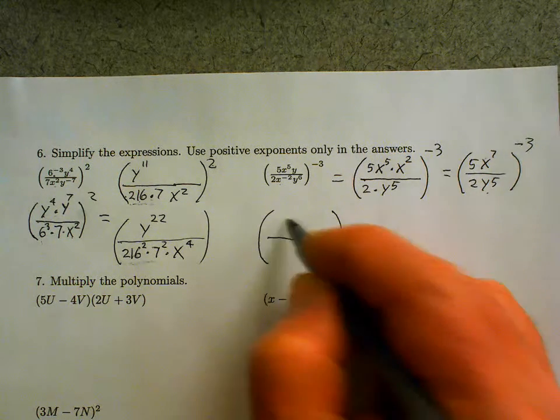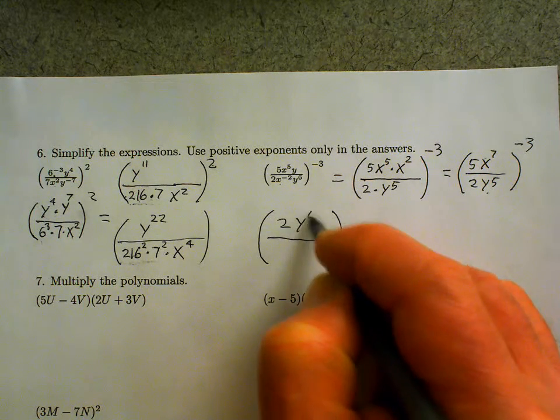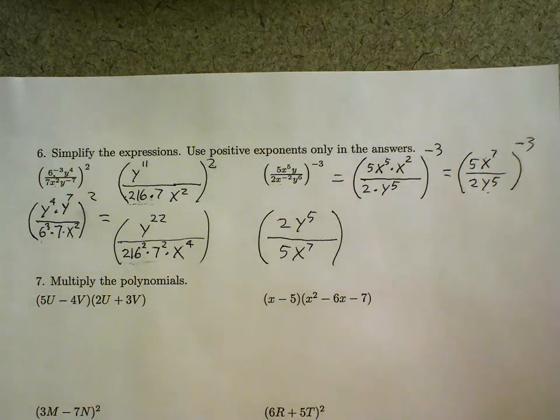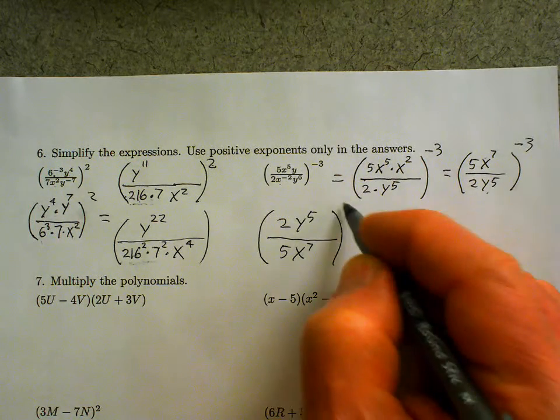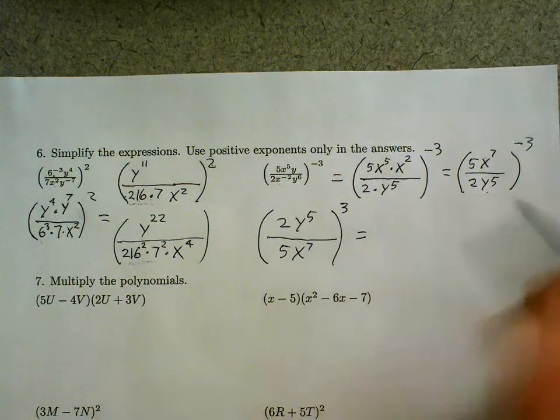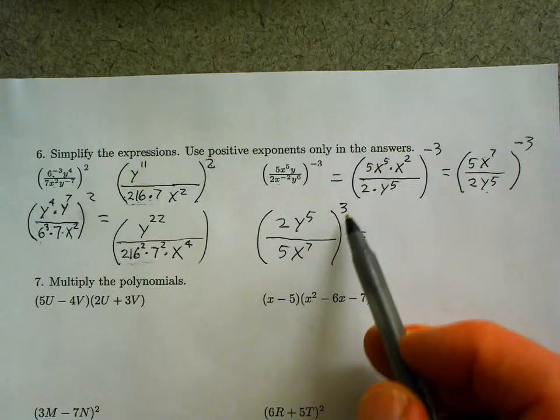So in the numerator, we'll have 2y to the 5th. In the denominator, 5x to the 7th. And then change the outer exponent to +3. Okay, and now we can apply the outer exponent.